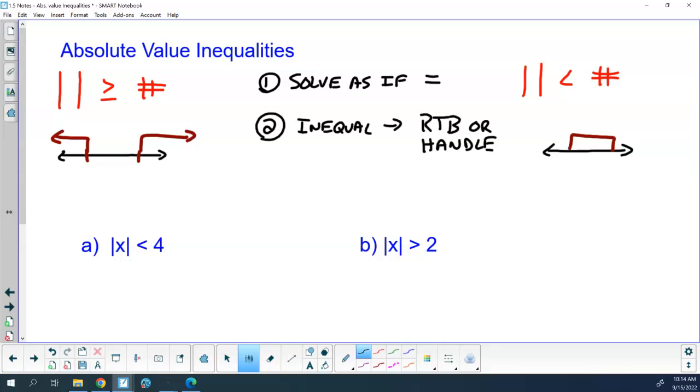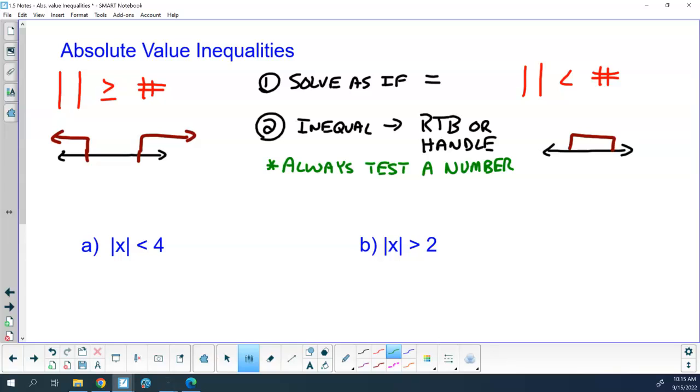Now, if you forget that greater than is a row the boat and less than is a handle, you can always test a number. Meaning, you can take a number that's in one of the three zones and plug it back into your original absolute value inequality.